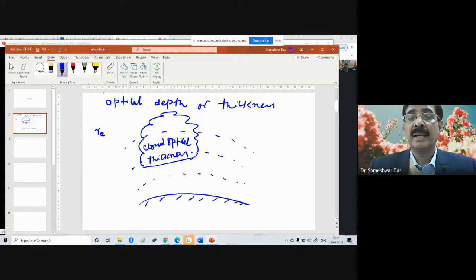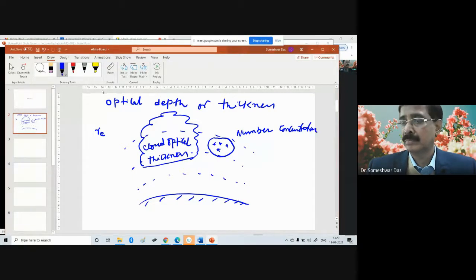Similarly, if you have aerosols or dust particles present, it depends on the quantity and density of the dust, that means the number concentration of dust particles per unit volume.